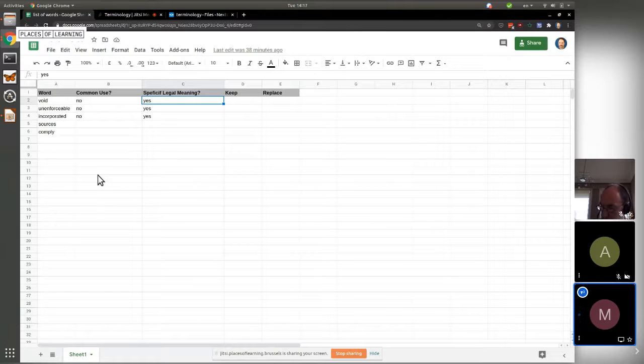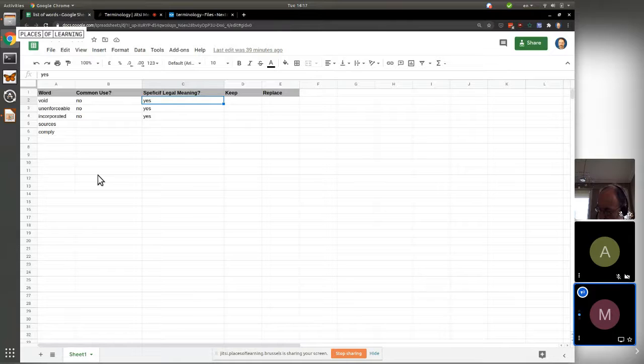The next question is, is the user, the reader, disadvantaged if they do not know the word? And I concluded in this case, no, the reader is not disadvantaged if they don't know the word.